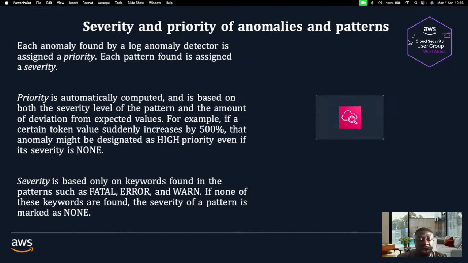Now you may be wondering, what is a priority and what is a severity? Basically, a priority is something that is automatically computed. It's a function within this process, based on both the severity level of the pattern and the amount of deviation from the expected value.